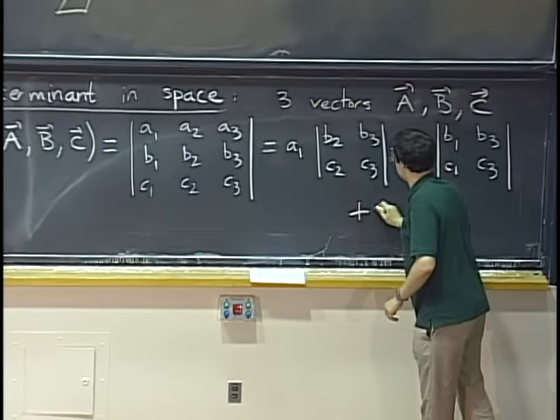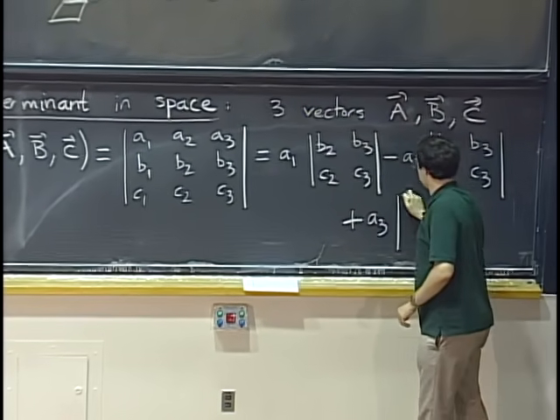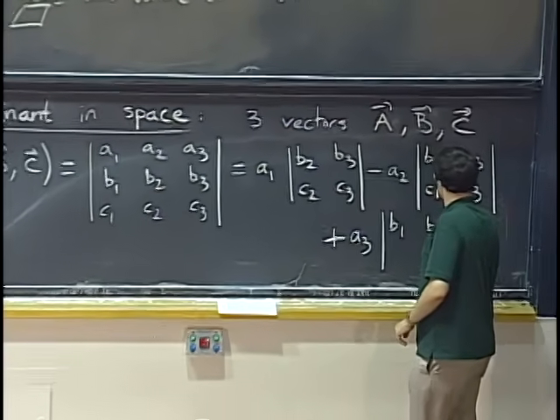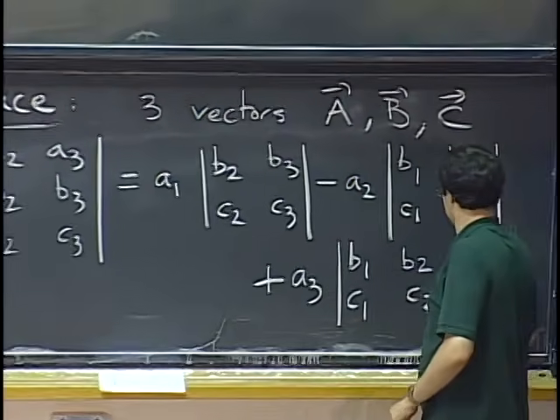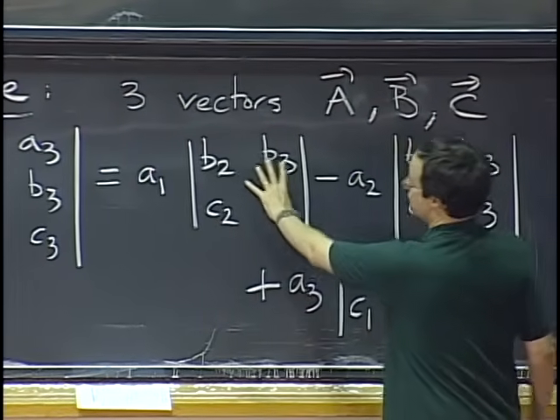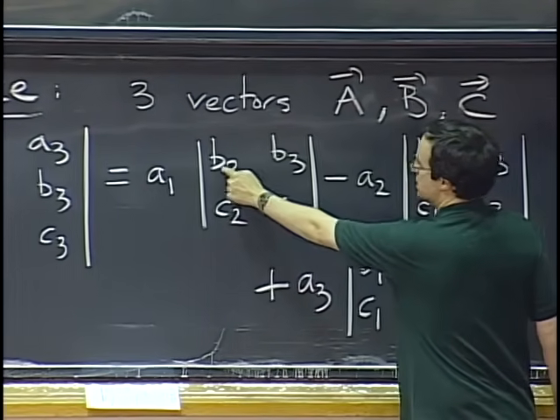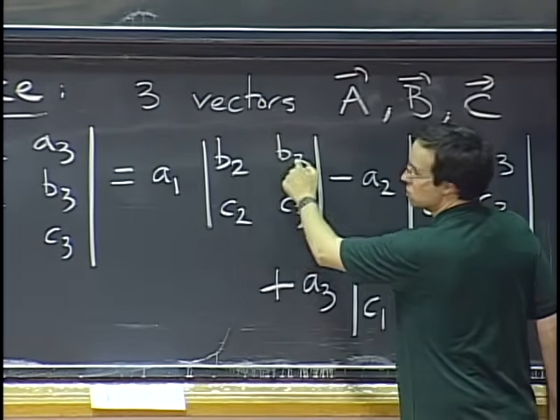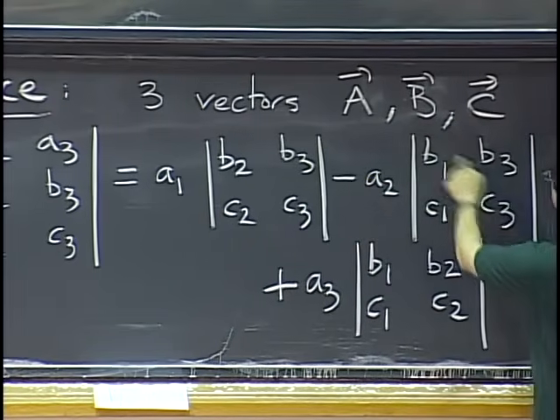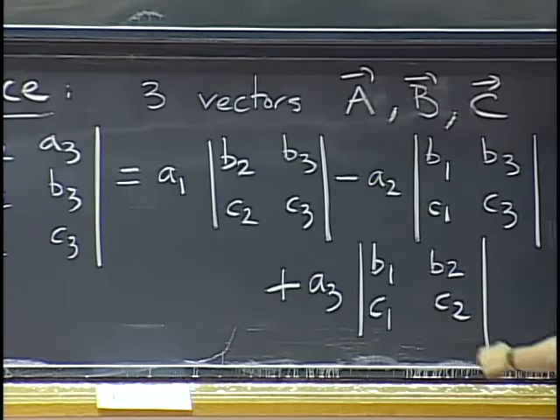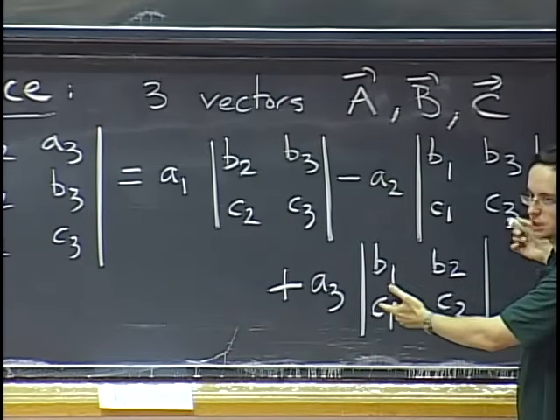And then I will add A3 times the determinant B1, B2, C1, C2. And each of these means, again, you take B2 times C3 minus C2 times B3. And this times that minus this times that, and so on. So in fact, there's a total of 6 terms in here.